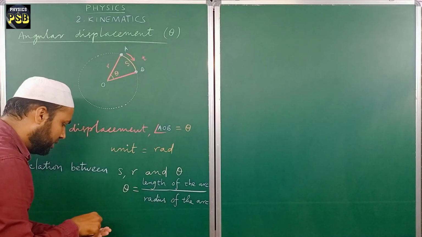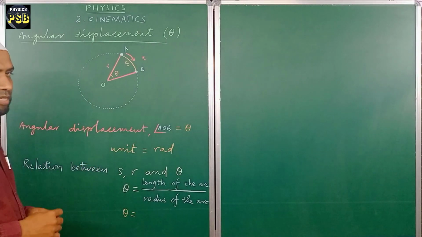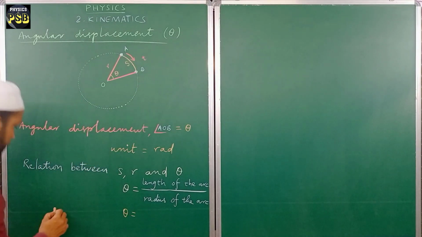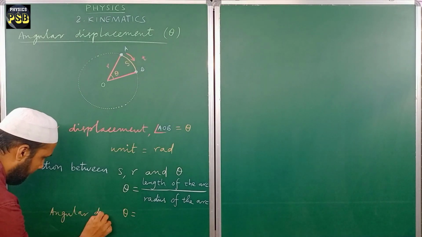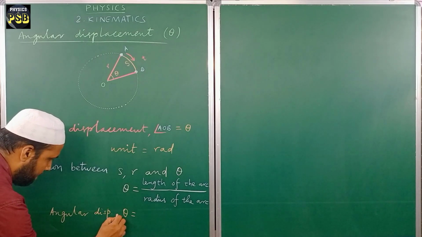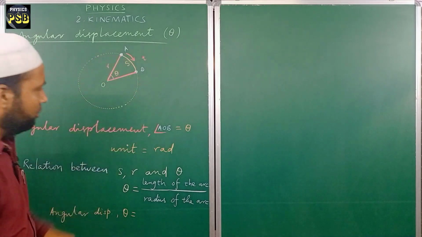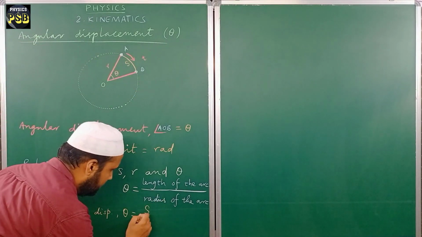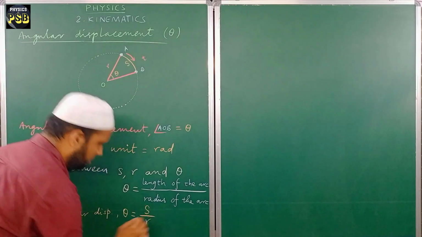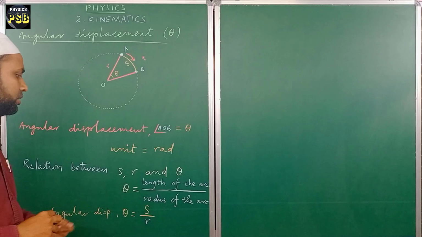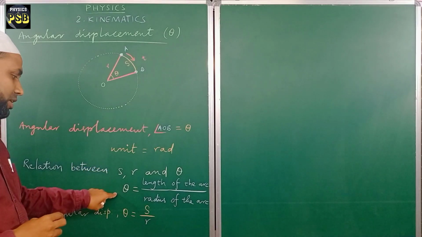What is the length of the arc? Theta here represents the angular displacement. Length of the arc is represented from the diagram as S. It is divided by radius of the arc, which is R. This is the relation between length of the arc, radius of the arc, and angular displacement.